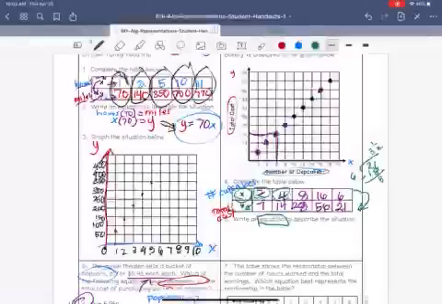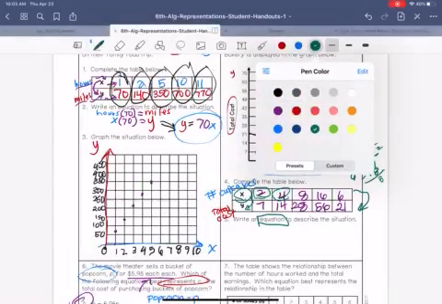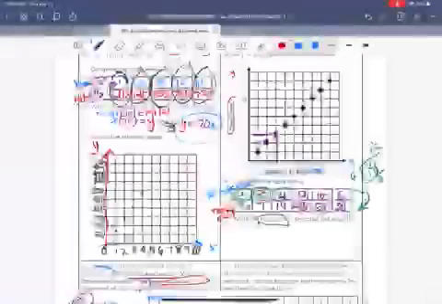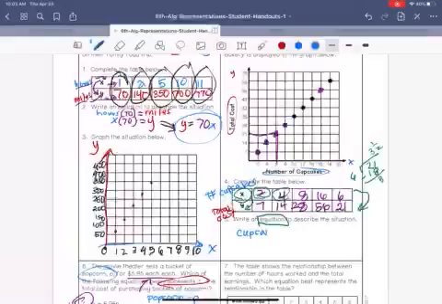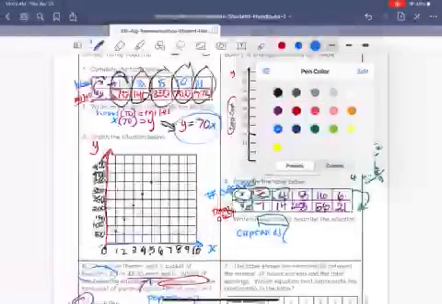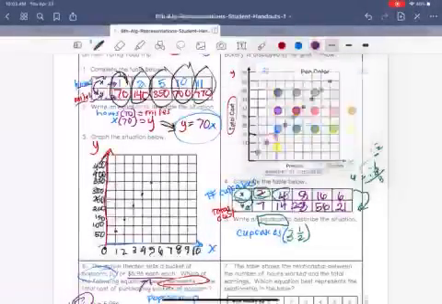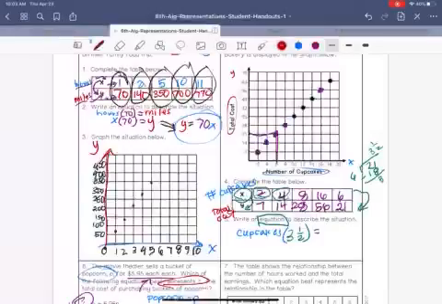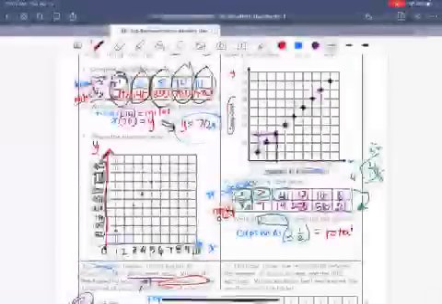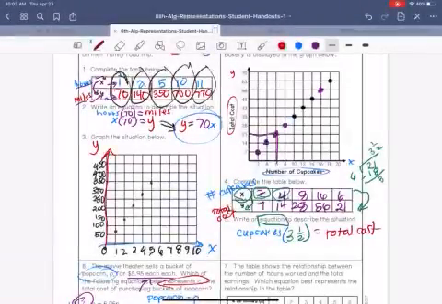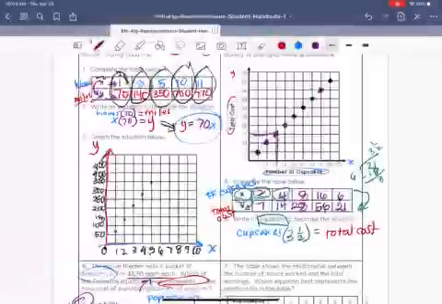So here's what's happening. We are taking our cupcakes, multiplying by 3.5, and that's giving us our total cost. So each cupcake costs $3.50.